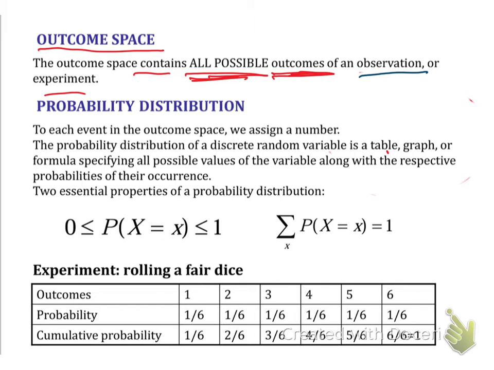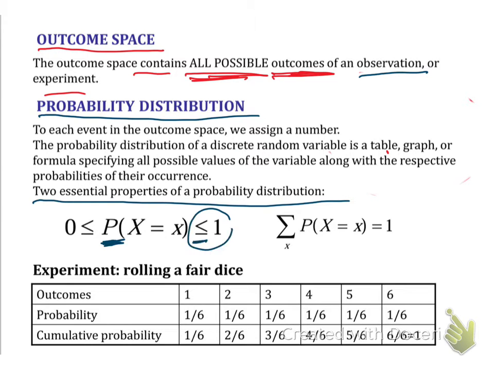So what about the probability distribution of this outcome space? The probability distribution has two essential properties. First of all, like any probability, it cannot be more than 1.